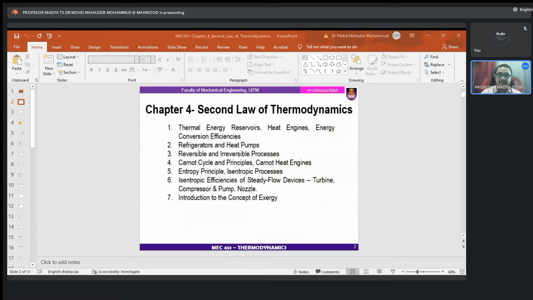Okay, as mentioned, turbine, compressors, pump, nozzle. Okay, that is what you should be able to define, and also you should be able to examine, determine all these analysis based on the calculations.